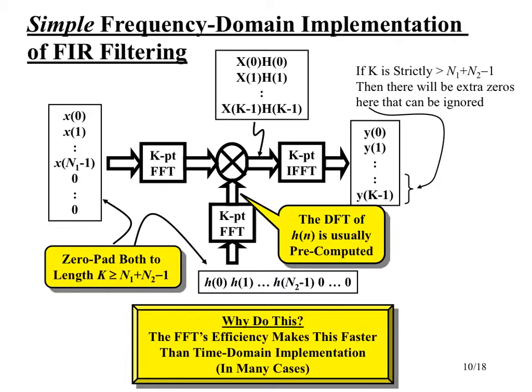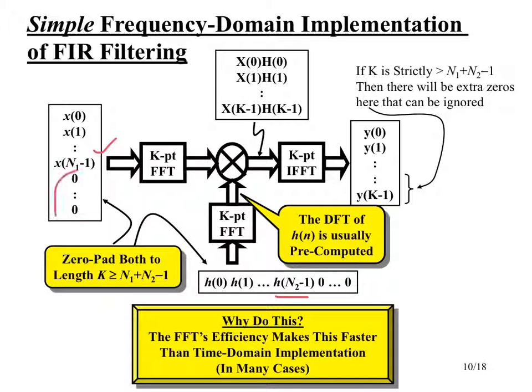Okay, so now we're armed with a way to make this DFT-based frequency domain implementation of FIR filtering actually work. So we've got some impulse response here that's length N2. We've got some signal block that's length N1.